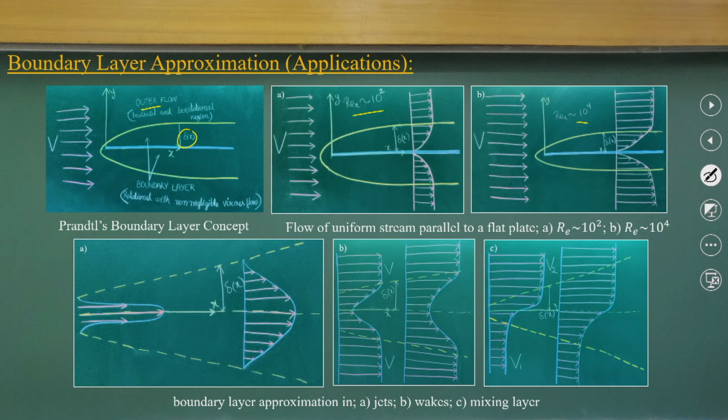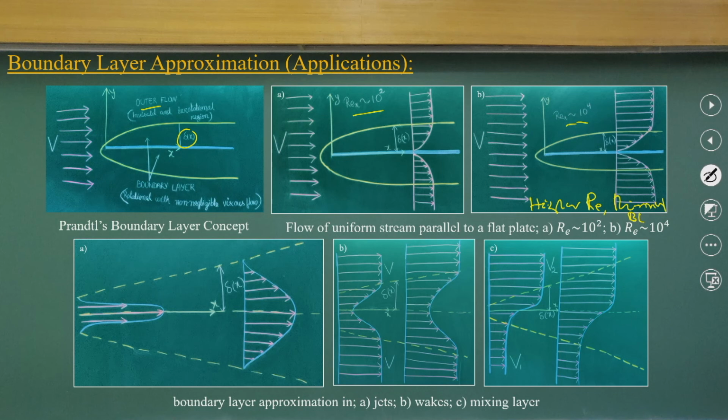As the Reynolds number increases by 100 times, from this figure to this figure, the thickness will decrease. So, the higher the Reynolds number, the thinner the boundary layers.